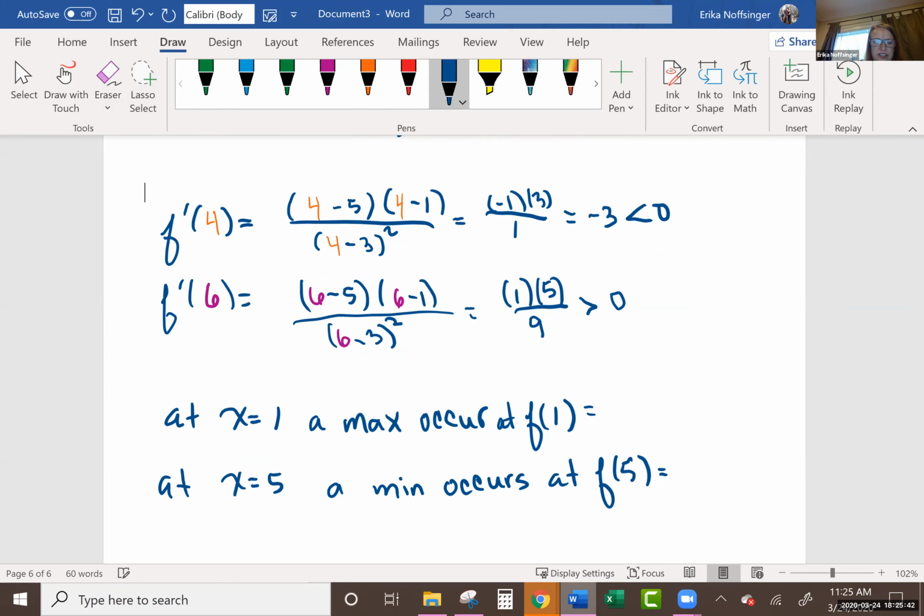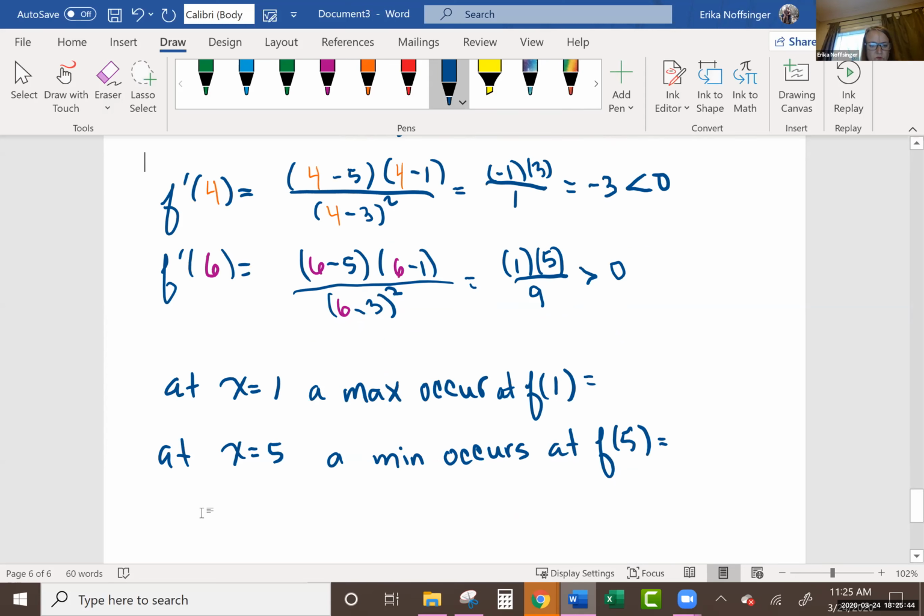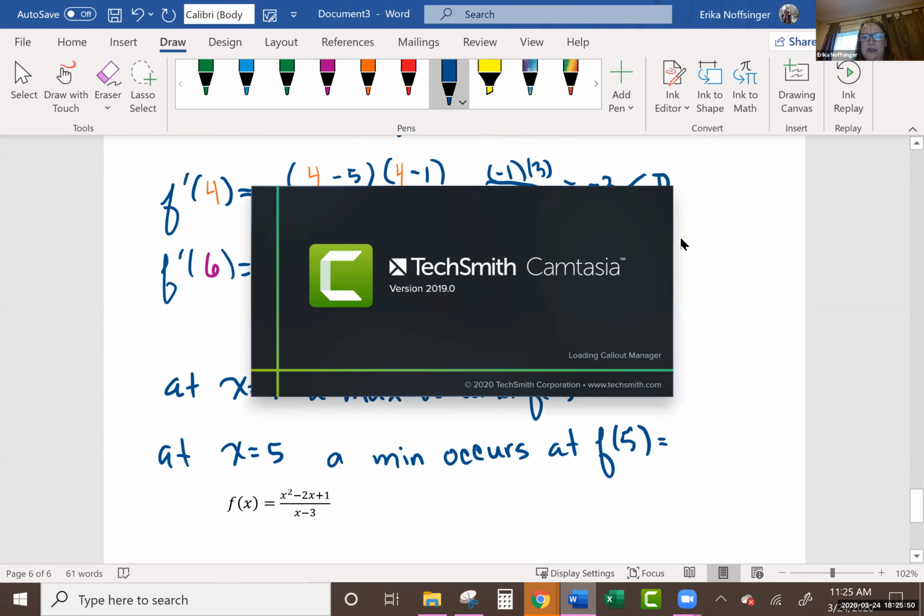Oops, sorry. Uh-oh, sorry about that. Camtasia starting. I accidentally pressed a button on the bottom of my toolbar. Doesn't have the X on it.